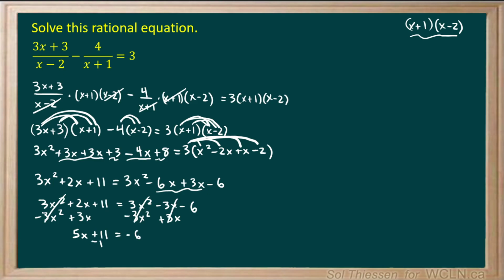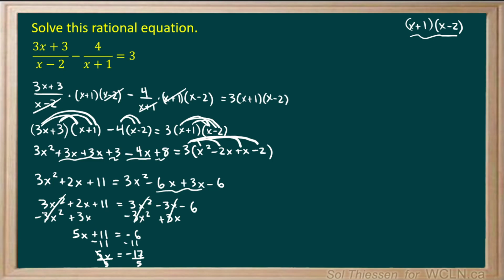Then we'll move this constant term over to the right. So we'll have 5x equals negative 17. And then we'll divide both sides by 5 to get a possible solution of x equals negative 17 over 5.